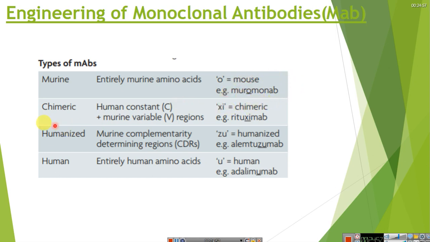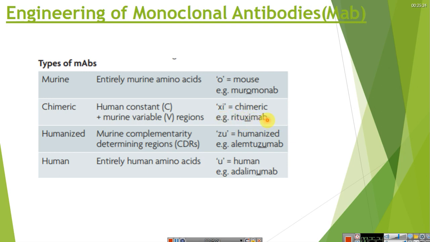Now for chimeric, which have the human constant part and the murine variable region, the suffix will be XIZ, two letters, indicating that it's a chimeric. For example, rituximab: Ximab.